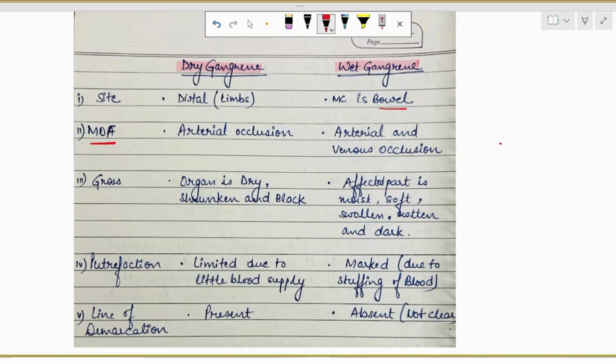Dry gangrene happens because of arterial occlusion, and wet gangrene happens because of both arterial and venous occlusion. Grossly, in dry gangrene the organ will be dry, shrunken, and black. In wet gangrene the affected part would be moist, soft, swollen, rotten, and dark.